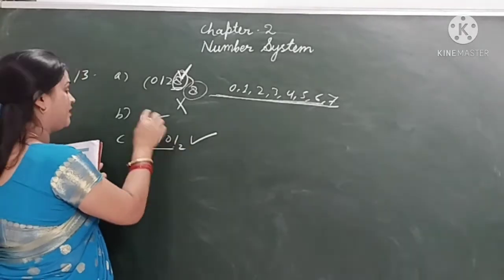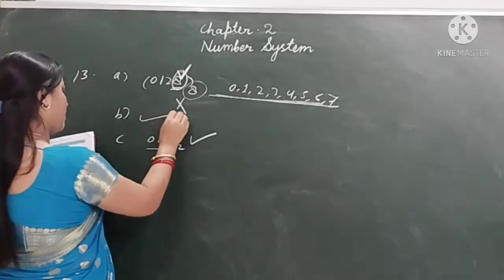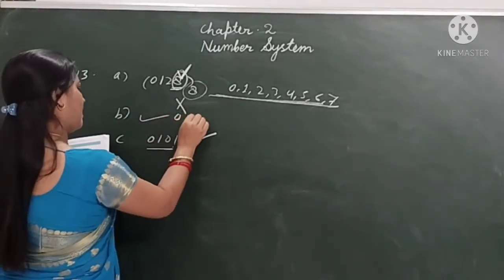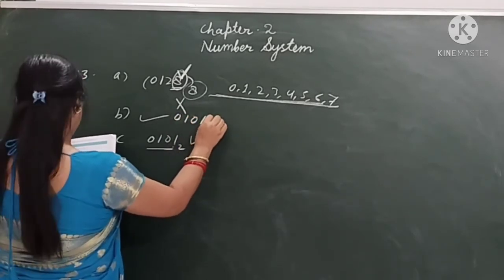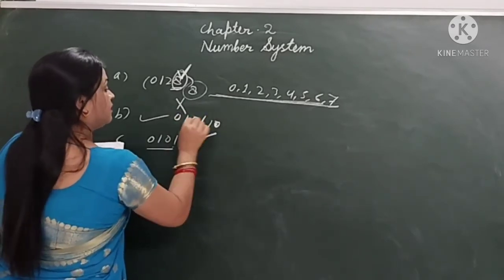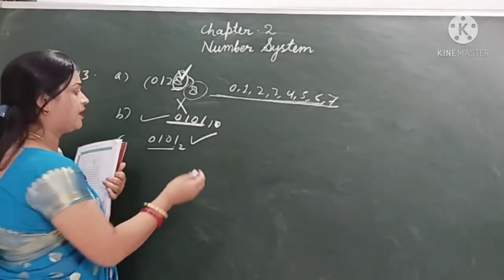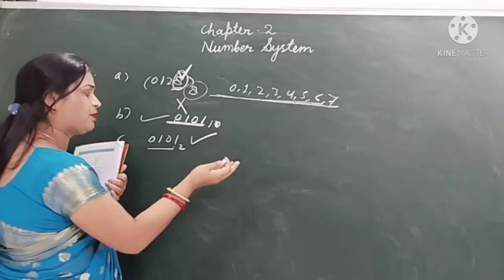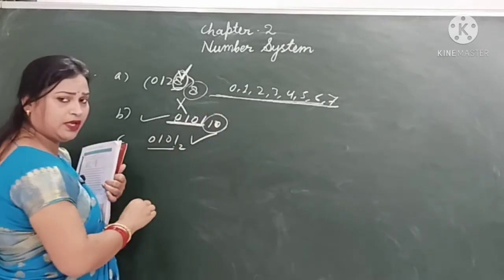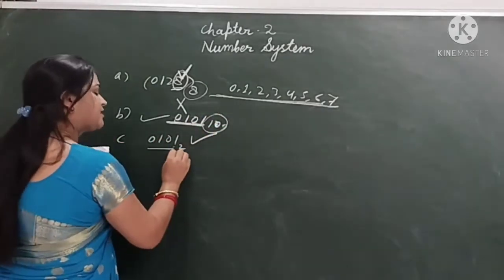And see, the question was 0, 1, 0 base 10. The decimal system also uses 10 digits, 0 to 9, and these are 0 and 1 only. So it belongs to the decimal number system as well. So C is also correct.